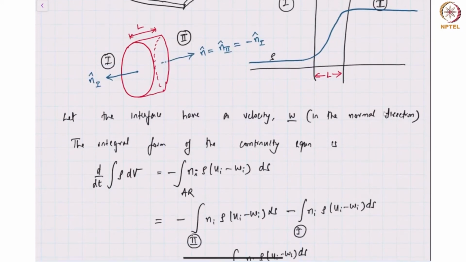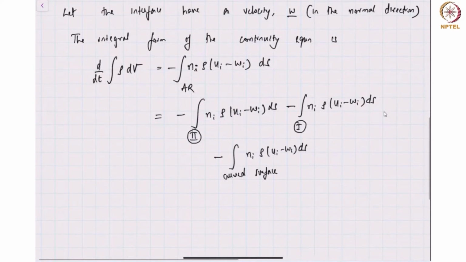So basically I'm saying that this cylinder has three parts. There is a part of the cylinder which is facing into fluid 1, a part which is facing into fluid 2, but there is also a curved part of this tiny disc or cylinder. And that's the contribution from this curved part.